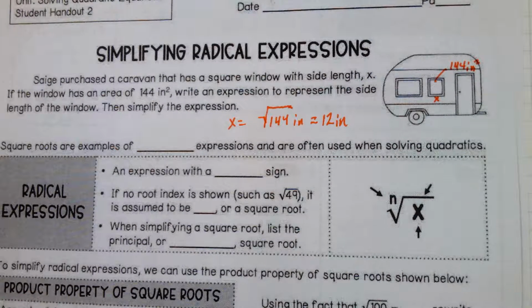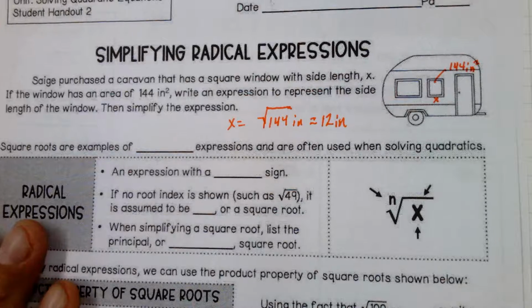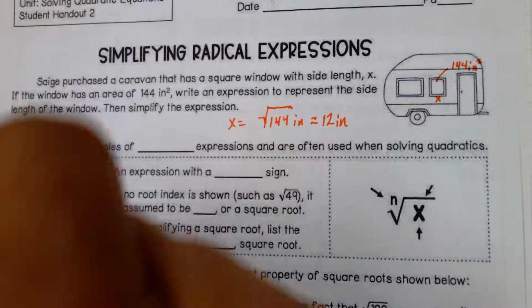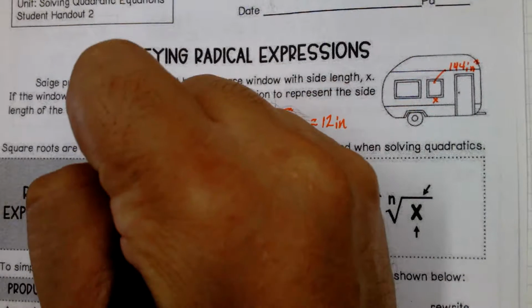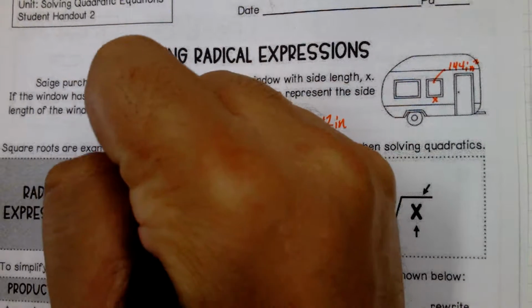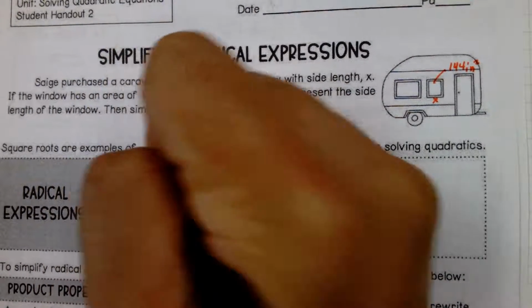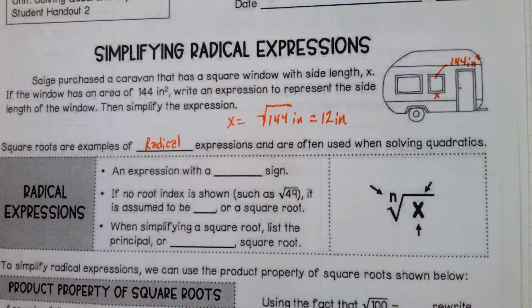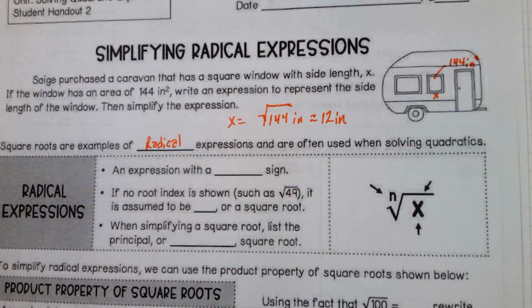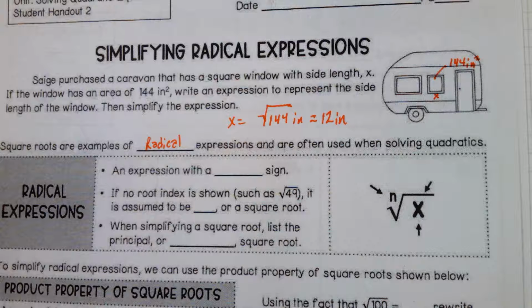Square roots are examples of blank expressions. Starts with the R. We talked about it before. Radical. Radical expressions, and they're often used for solving quadratics. Well, definitely that's what we're going to use them for.